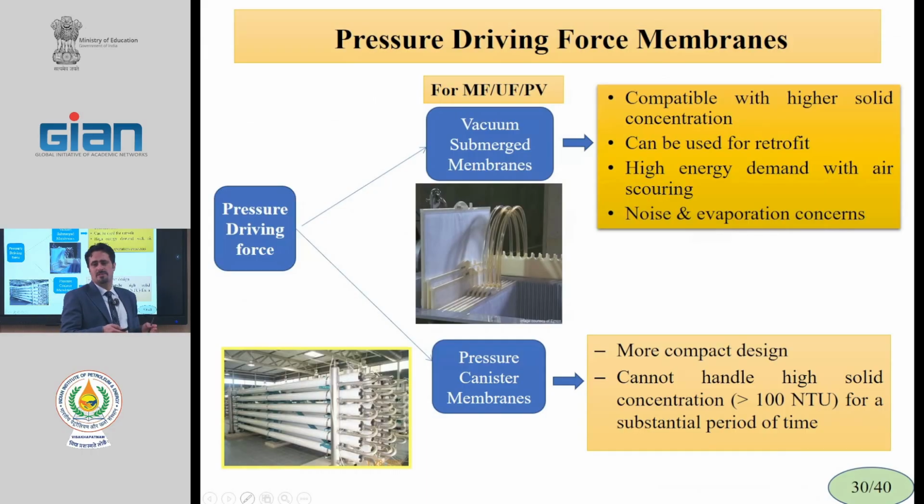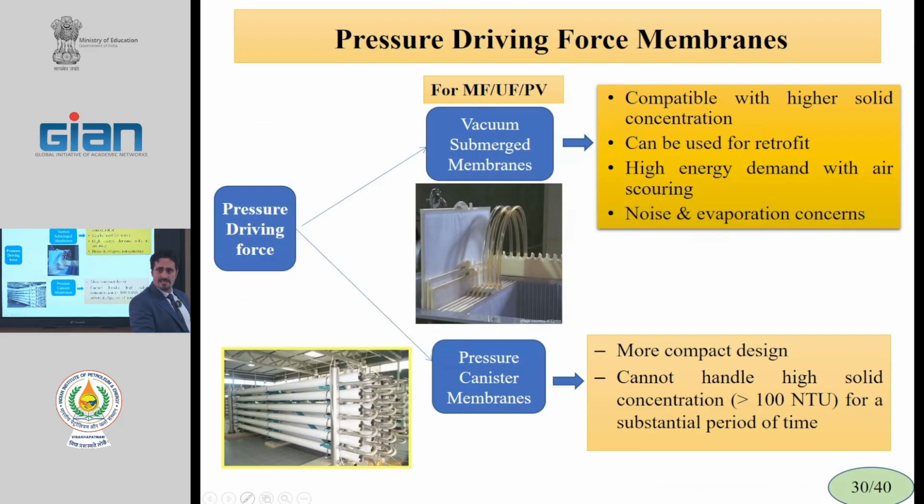In the application of membranes, we have two types of pressure: direct pressure and vacuum pressure. Most membranes use direct pressure, and for applying a pressure, we use pressure vessels. This is not a membrane.